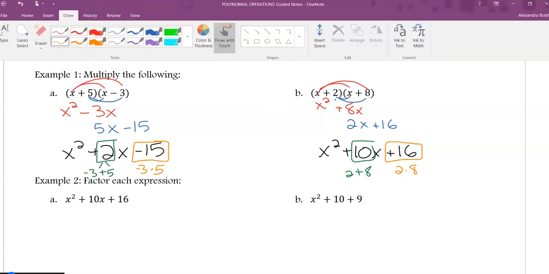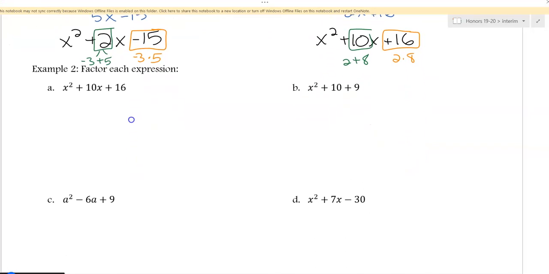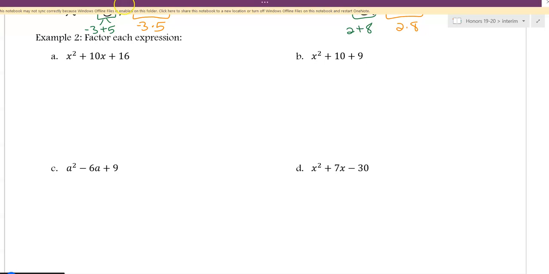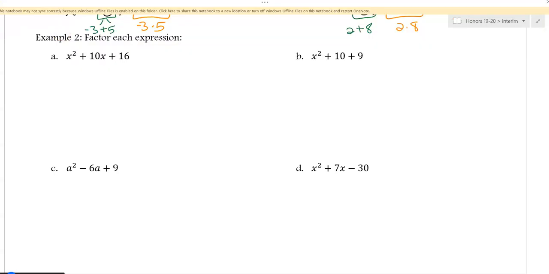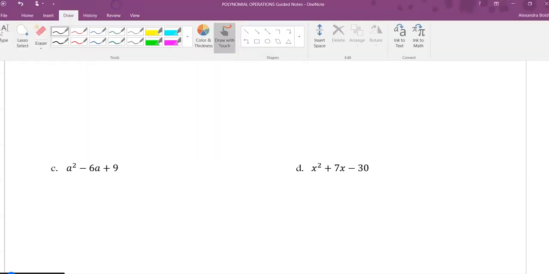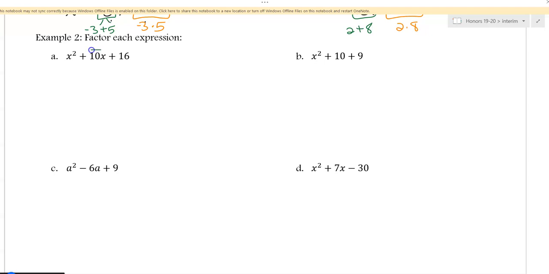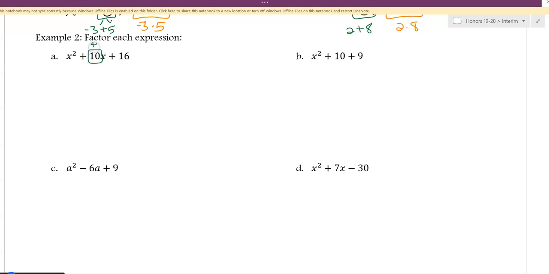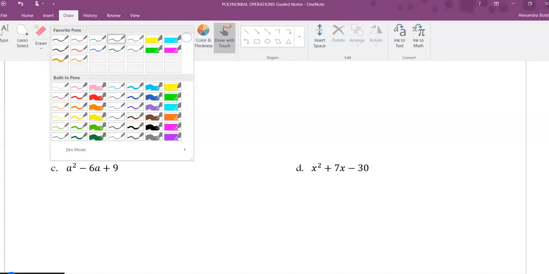So I like using the X method. I put my middle number on top, and I know I'm going to add to that, and my last number on bottom, and I'm going to multiply to that, and I'm looking for my two numbers that do this, and I'm going to fill them in here.